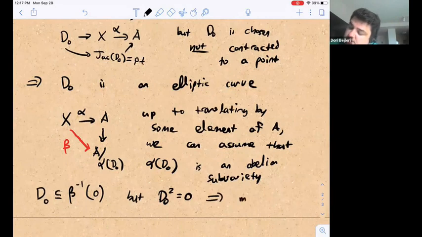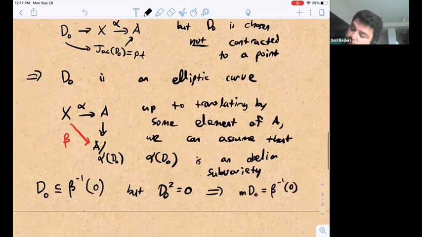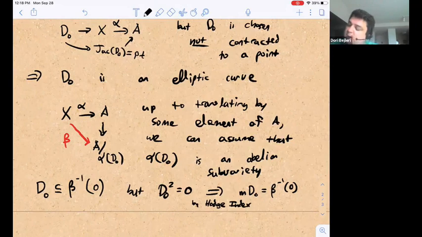So this implies that MD0 is beta inverse of 0 for some number m. So we found this D0 that's contained inside of Kx, where Kx is some effective divisor. And we know that this D0 is up to multiple the fiber of a map to a curve, of a map to this elliptic curve A mod alpha of D0.